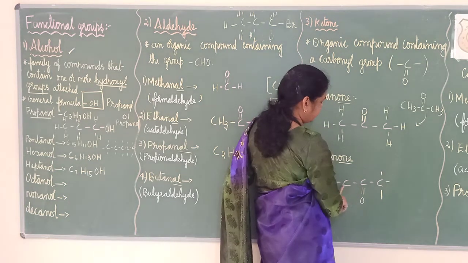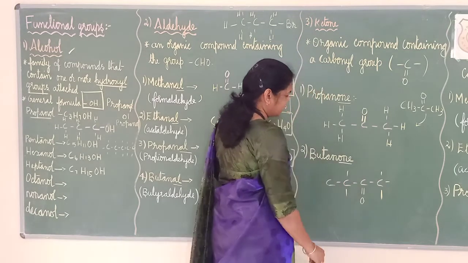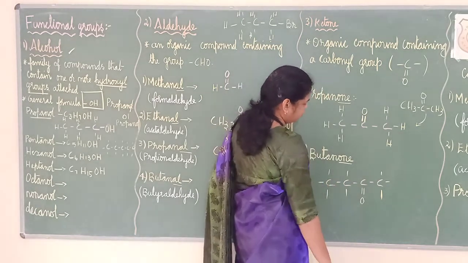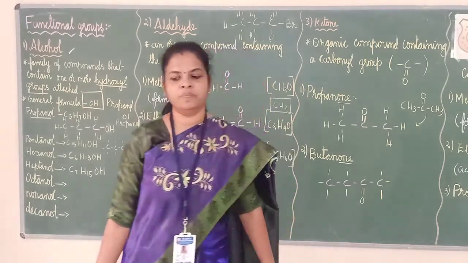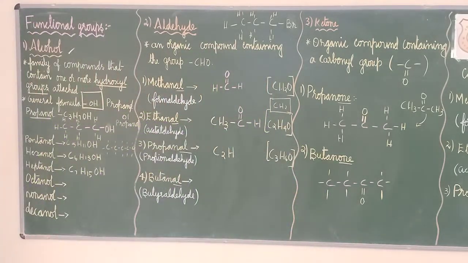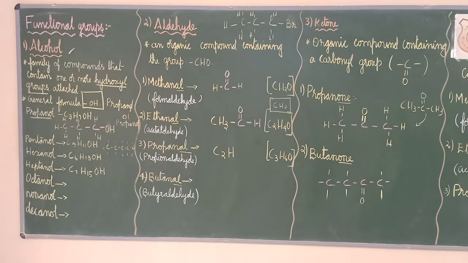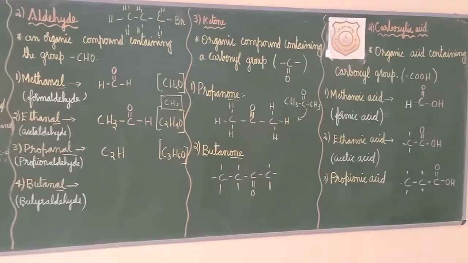For this carbon, 1, 2, 3, 4. Correct, no? For this one, 1, 2, 3, 4. So this is how we should write for butanone. So propanone and butanone are the 2 examples. You can study any 2. Okay, it will be easy for you.